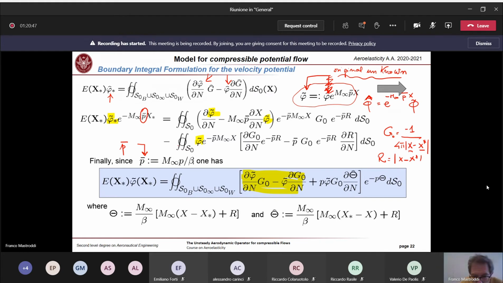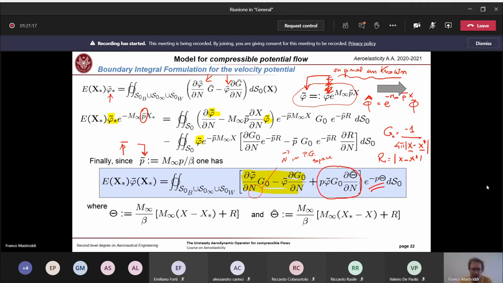Okay, so this is normal in Prandtl-Glauert space. And this is the novelty of this formula: this part here and this part here, an exponential, multiplying all the quantity inside the integral.